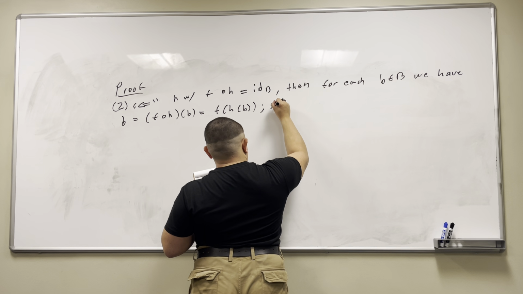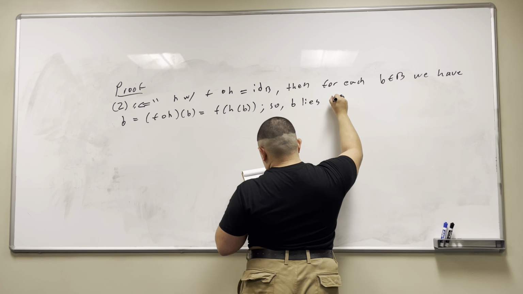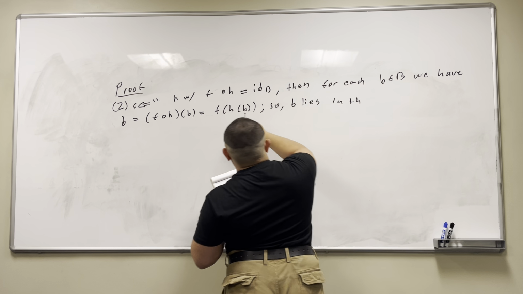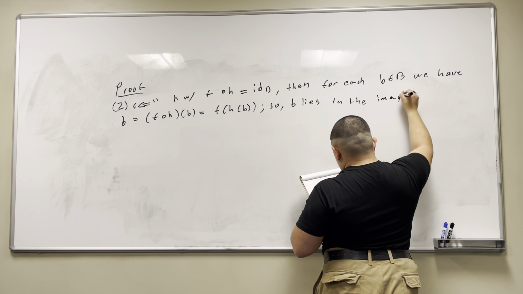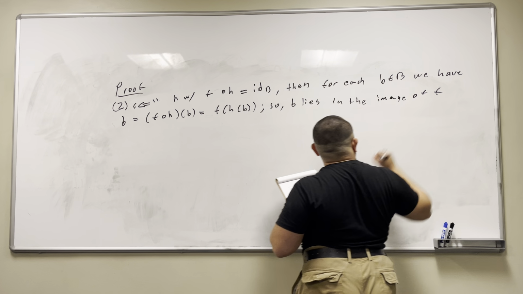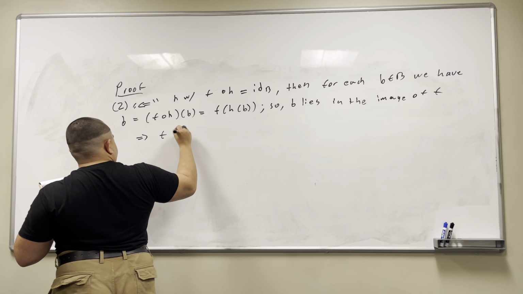So b lies in the image of f. From that, we have that f is surjective.